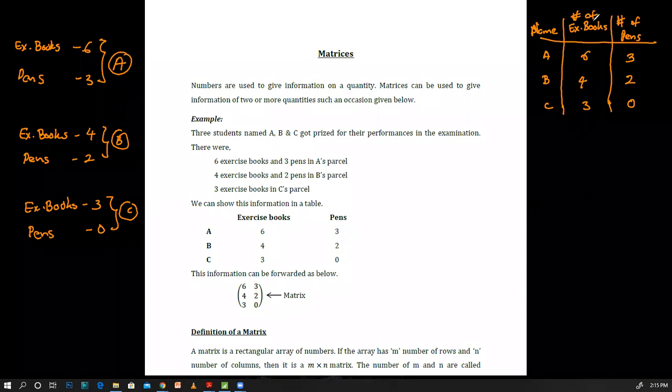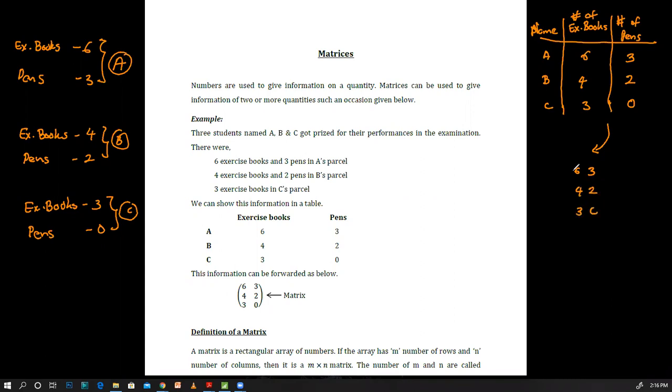Then what we do in matrices is convert this table into the form of a rectangular array of numbers. Therefore, this table can be written as 6, 3, 4, 2, 3, 0. Those are the numbers that appear in the table, and we can write them inside parentheses in this way, or else you can use box brackets.